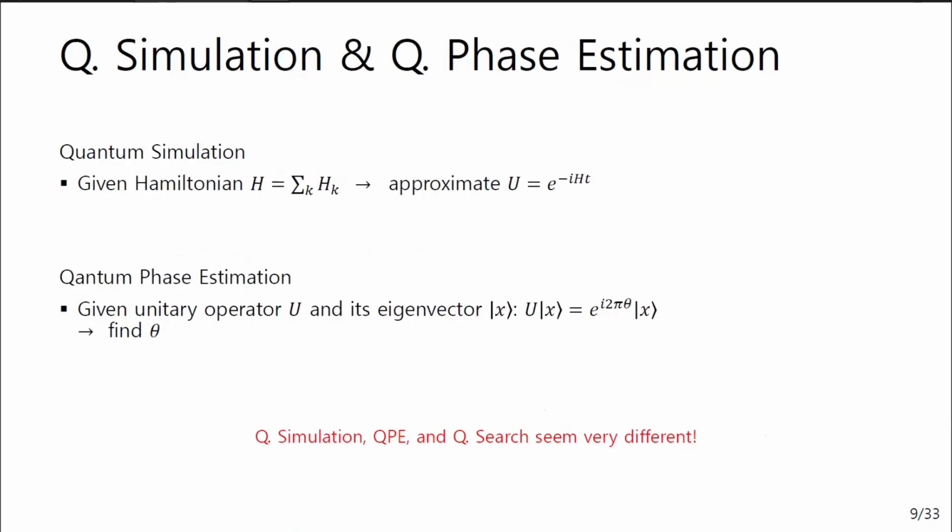The problem that quantum phase estimation solves is, given a unitary operator U and its eigenvector x, estimating the eigenphase of the unitary operator and eigenvector. At first glance, you can think that quantum search, quantum simulation, and quantum phase estimation seem very different.